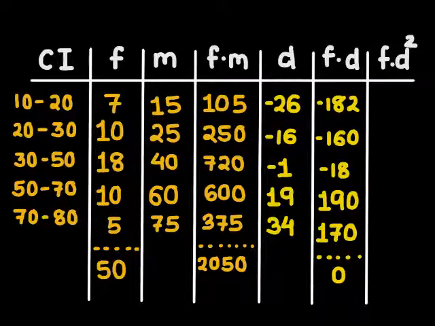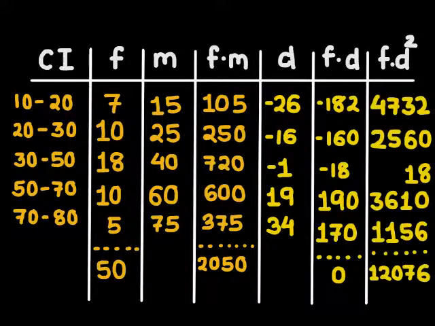So in the sixth column we find the product of frequency and the deviations, and you can observe how they have been multiplied and tabulated in the distribution table. Then at last we calculate the frequency times the square of the deviation. So we have calculated all the values.